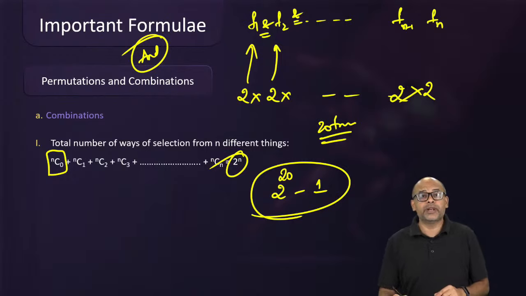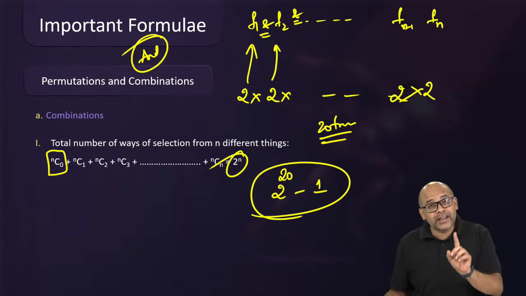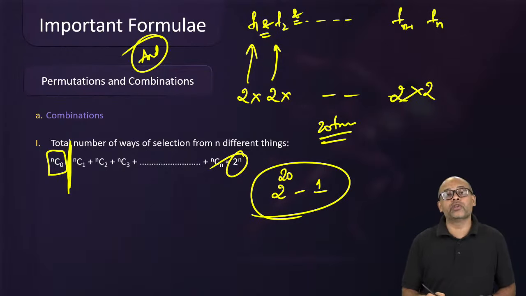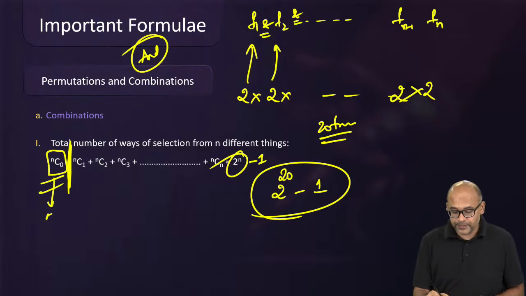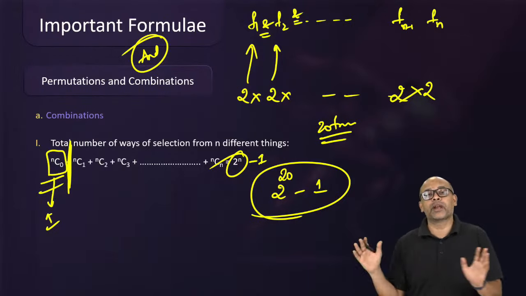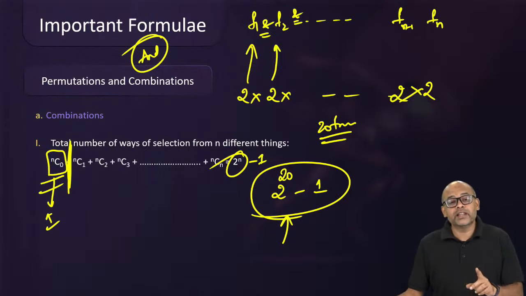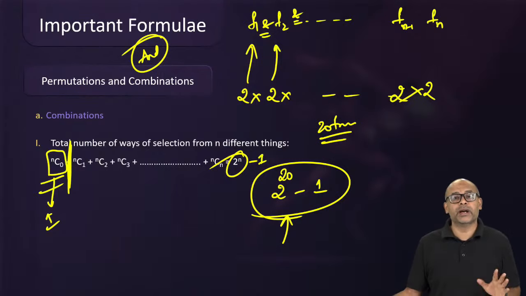The question I just repeated was, how many ways can you invite 20 friends to a party such that at least one is definitely invited? Which means this case you don't want in your answer. So if you don't want this, subtract this 1 because this is 1. So that one case you don't want, subtract it. So the answer will become 2 power 20 minus 1. So you have to be very careful whether they are saying at least one or they are just saying how many ways can I invite people for their party. Clear? That's the concept here.